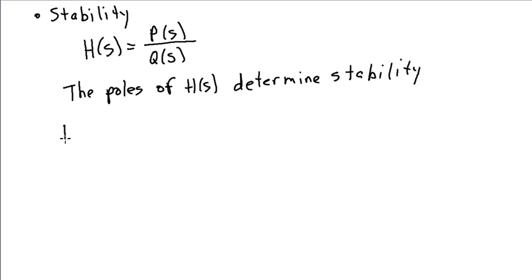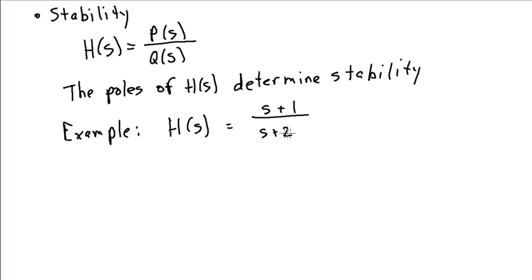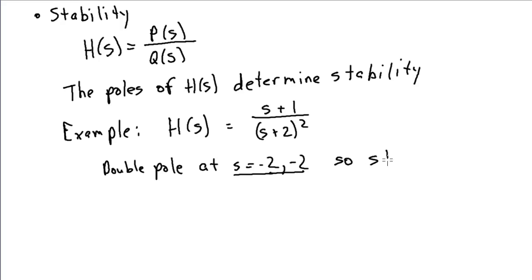So for the example problem we were looking at, where H(s) was equal to (s+1)/(s+2)^2, we've got a double pole in this case at s equal to minus 2, so both poles lie on the negative real axis, which is in the left half plane, so this system is stable.